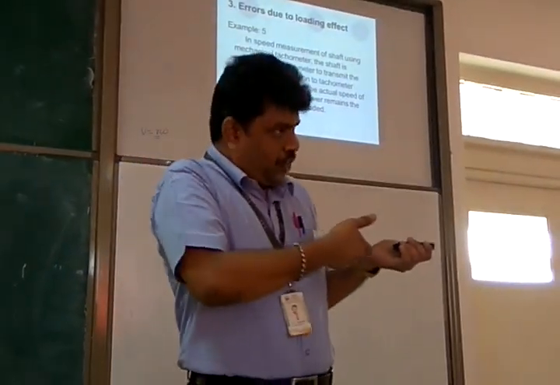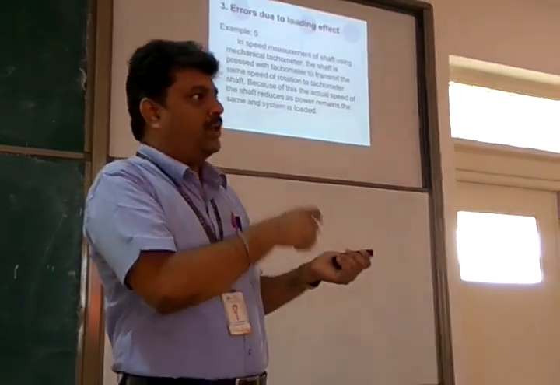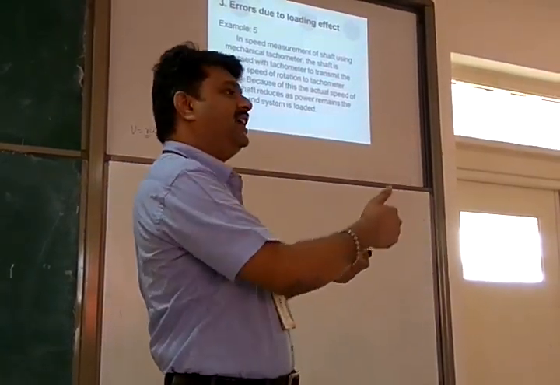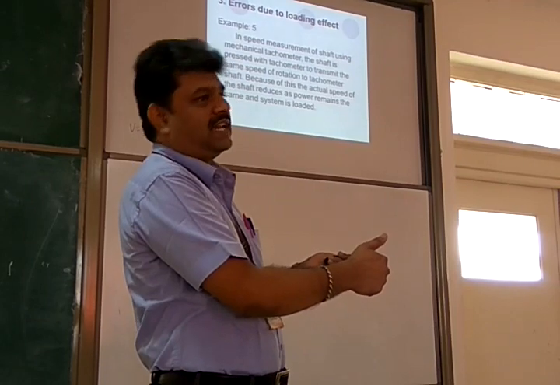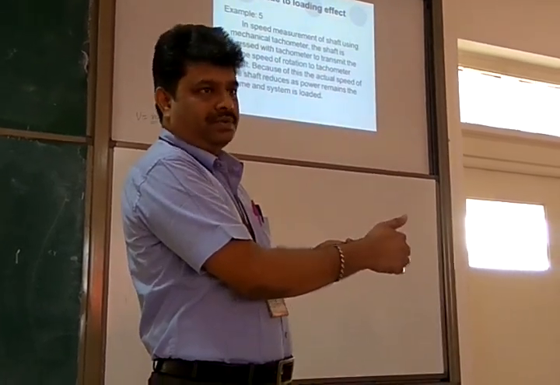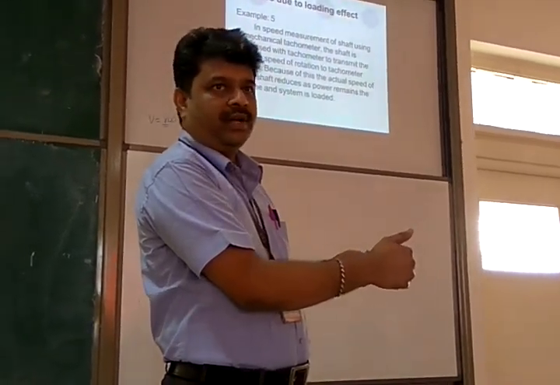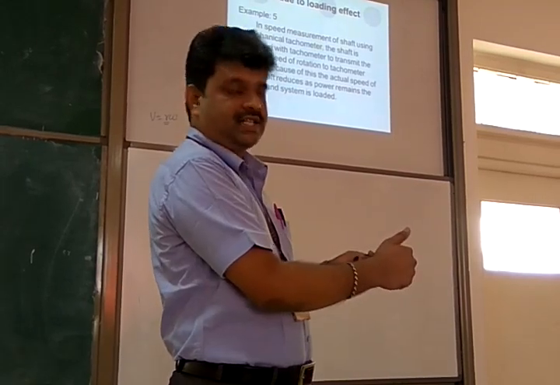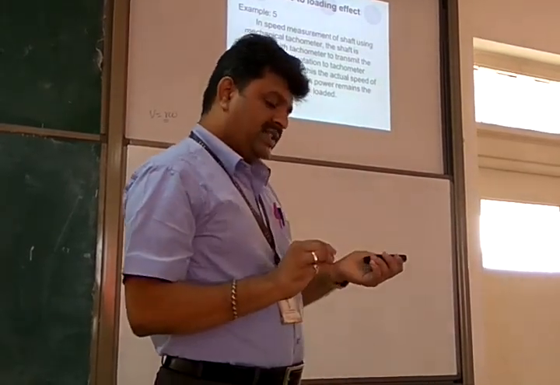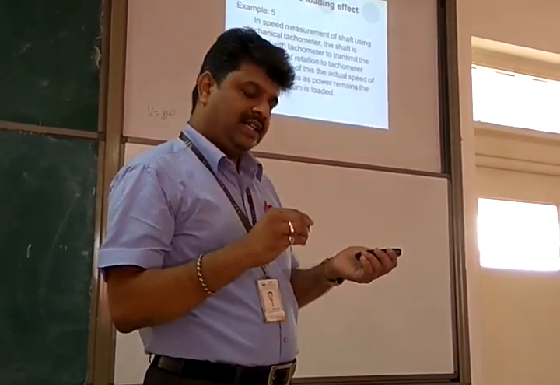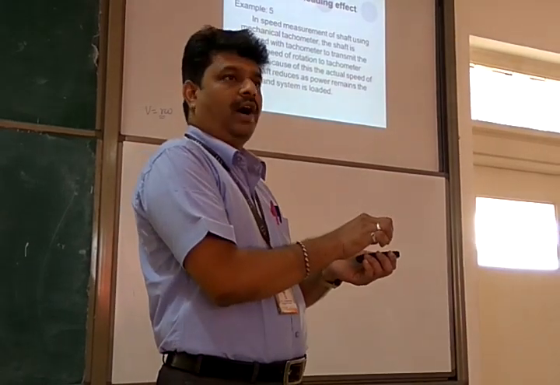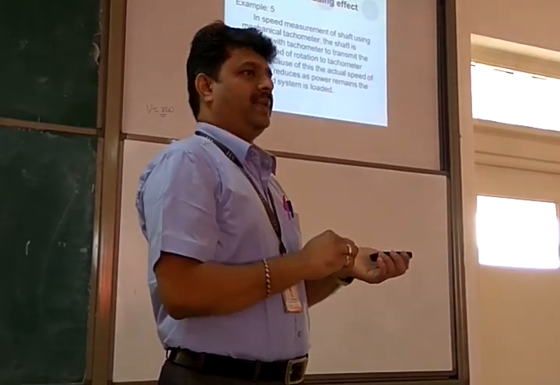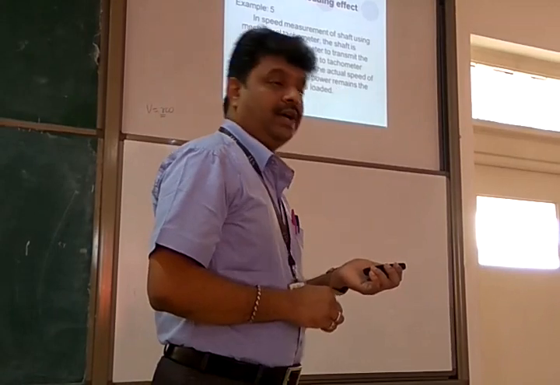Then you have to press a lot. Then only is the actual speed of the shaft transmitted to the shaft in the tachometer. When both of them are rotating at the same speed, there is a tacho generator which generates voltage, and that voltage is calibrated in terms of RPM, so you get the reading in RPM.